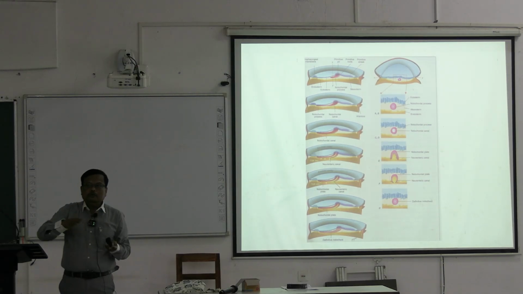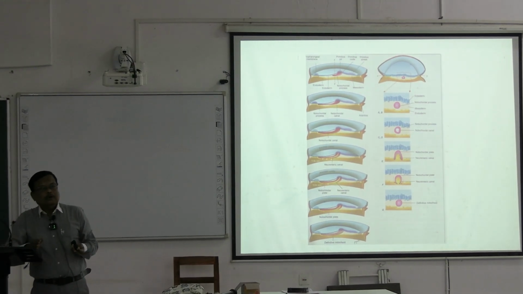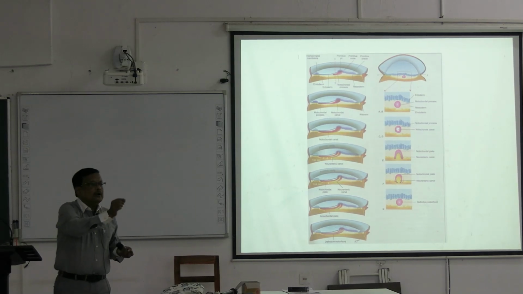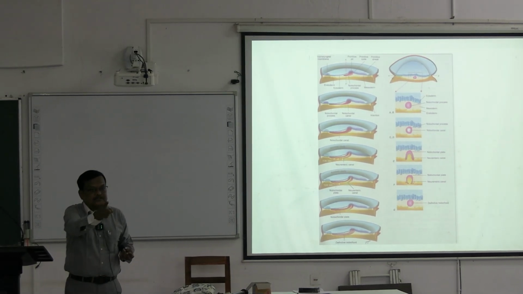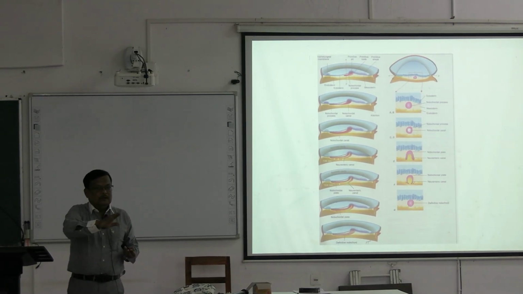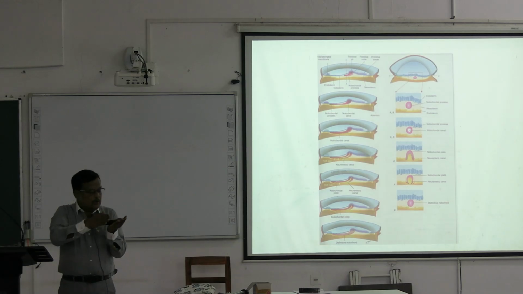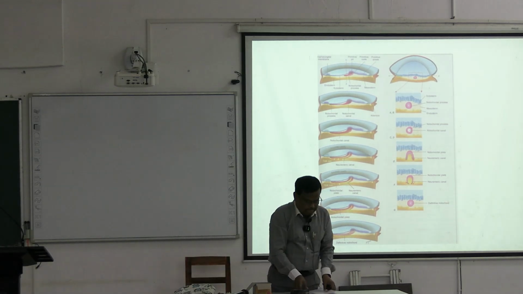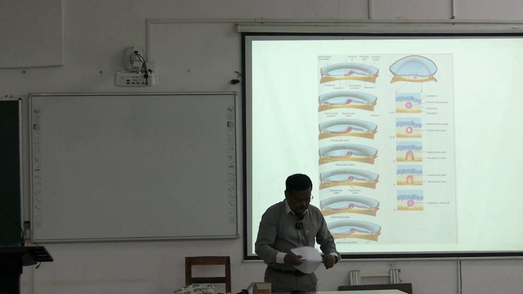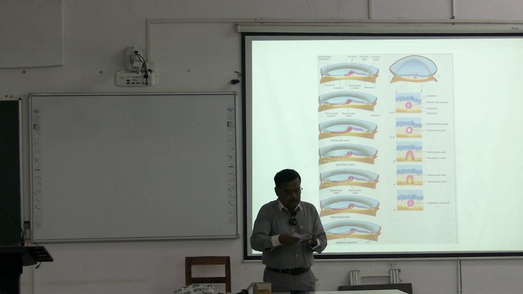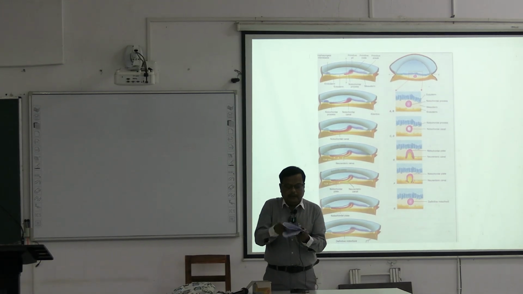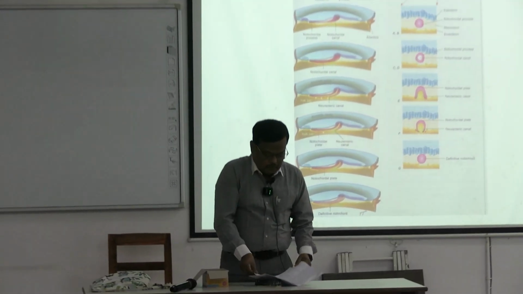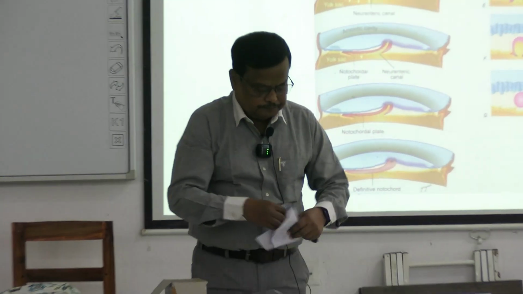It goes in the midline; this is the endoderm, this is the ectoderm. And I have already told you, due to the presence of the notochord, intraembryonic mesoderm is absent in the midline, except, I will come to that. Intraembryonic mesoderm is present at the side. Suppose this is the intraembryonic mesoderm. Observe very carefully.